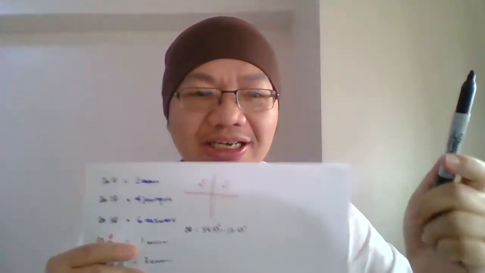That is the trick. So the third answer is 360 plus 54.33, you are supposed to get 414.33. The fourth answer is 360 plus 125.67, which gives 485.67.